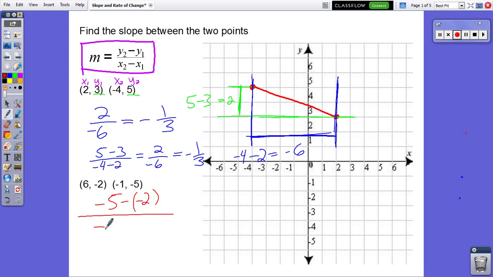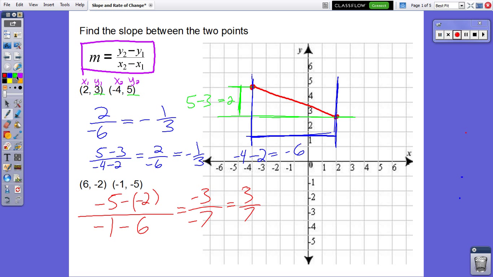Then we'll take the x value, negative 1 minus 6. Negative 5 minus negative 2 is the same thing as negative 5 plus 2, so we end up with negative 3 on the top. Negative 1 minus 6 is negative 7. Now we have a negative divided by a negative, which is really just positive. So we have a positive 3/7.